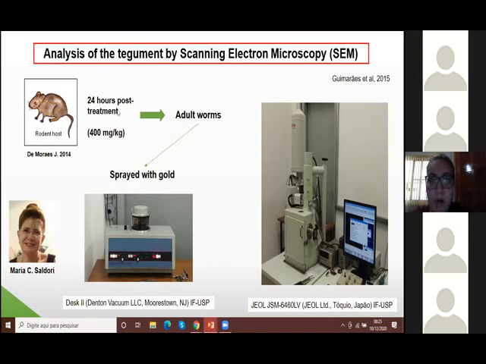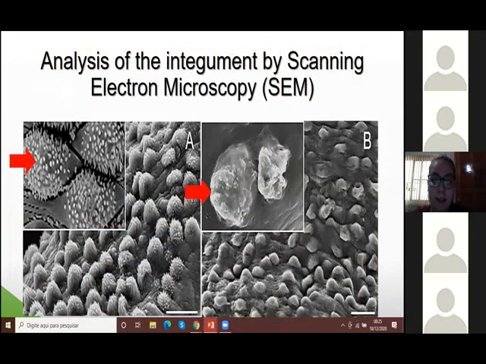At 24 hours post-treatment, we removed these adult worms, coated them with gold, and analyzed them in the SEM. About the results, we identified alterations of the tegument, mainly the tubercles and the spicules of the schistosoma.